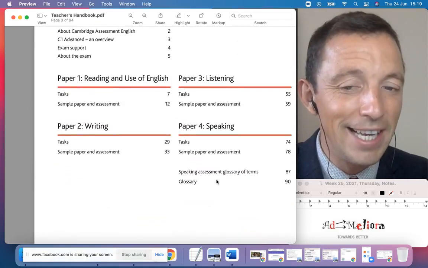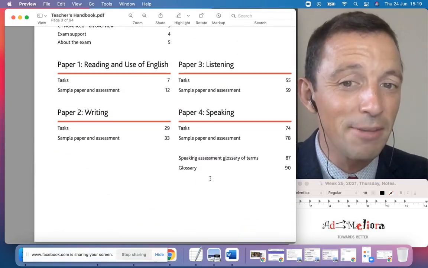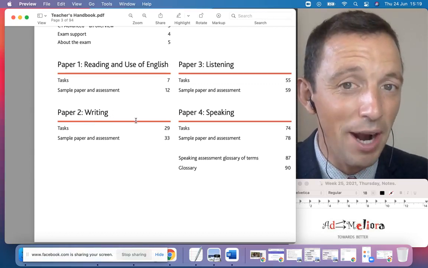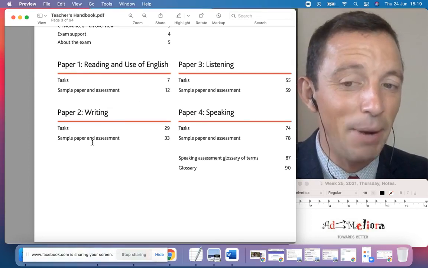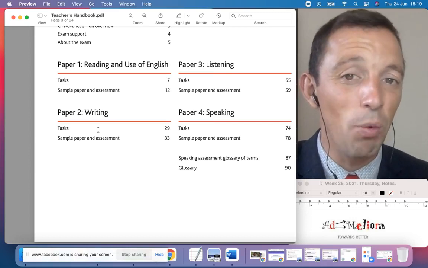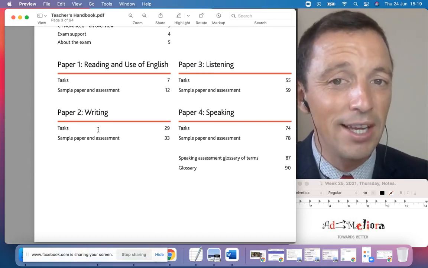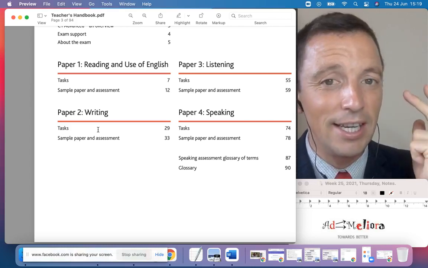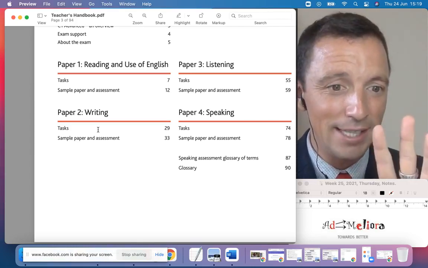So basically there are 4 different papers in the exam. You have the writing paper. In the writing paper you have 2 different parts. In part 1 of the writing, it's an essay and it's obligation. That is part 1, and part 2 is a choice, an option from maybe review, report, article, something like this, email or letter.